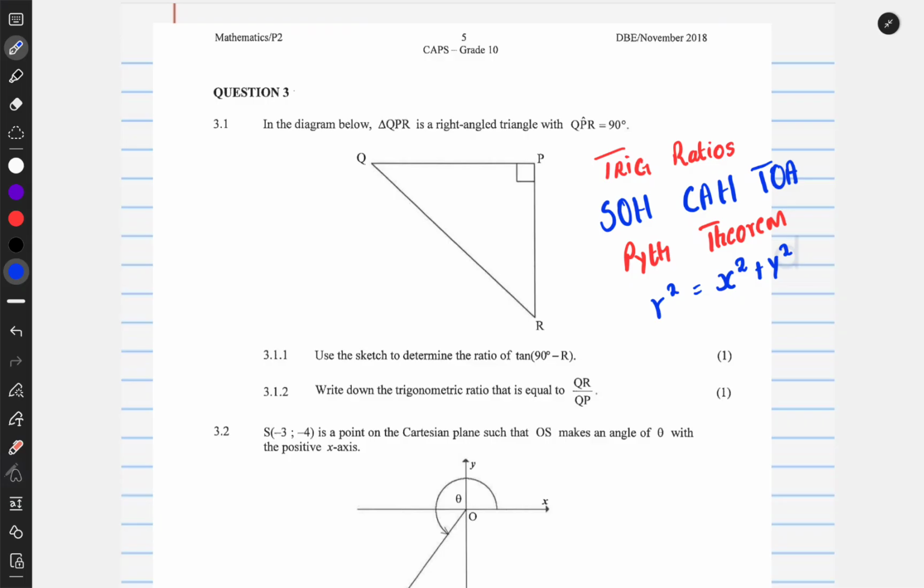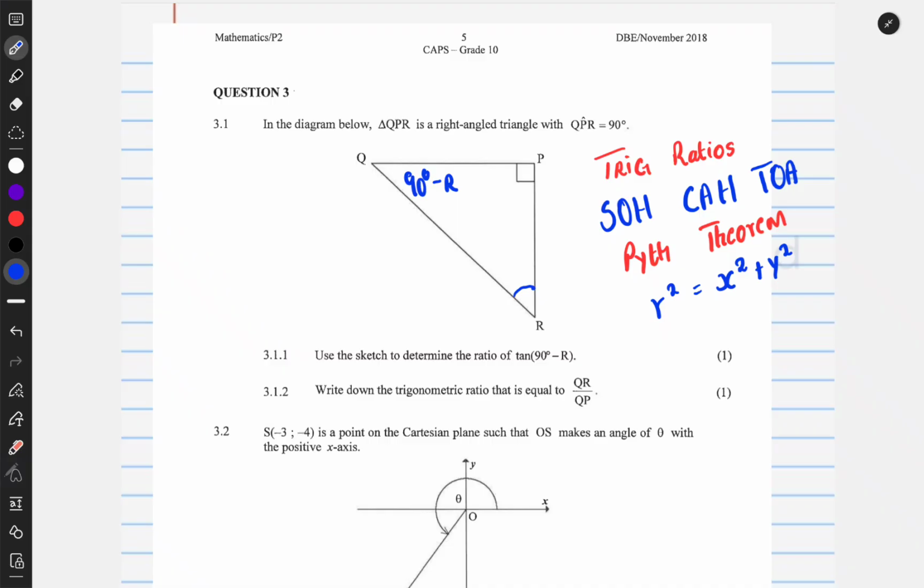What is important to see here is that r is this angle that we have here, and according to the sum of the angles in a triangle, if we have that angle r, that means angle q is going to be 90 minus angle r.